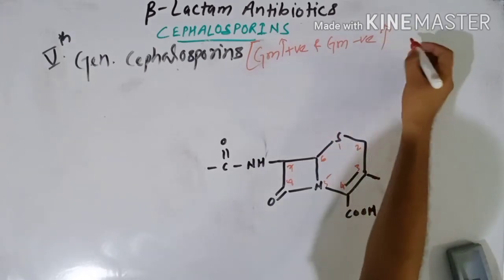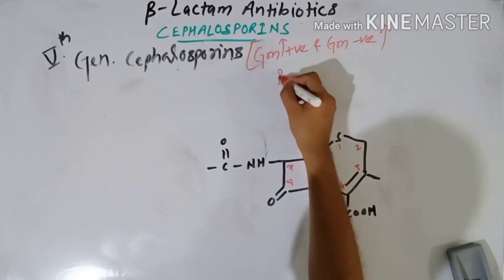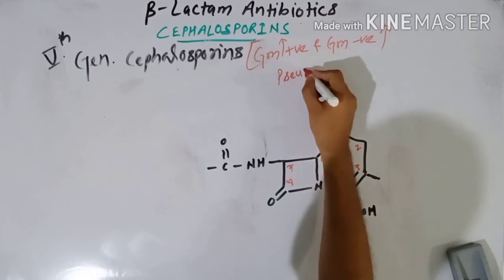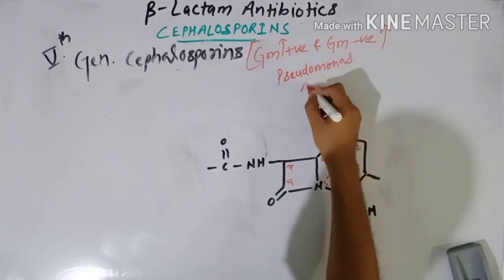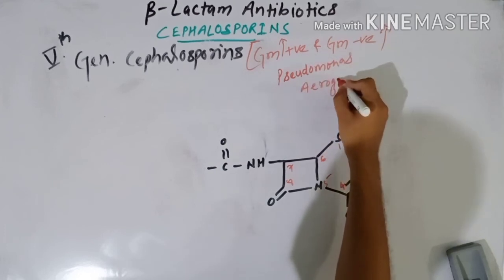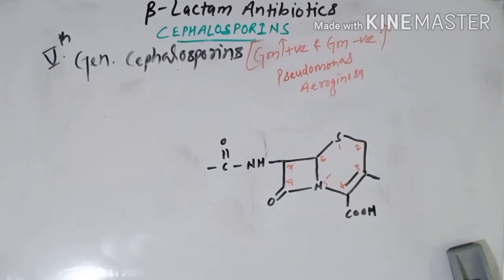So this is the fifth generation cephalosporin which shows highest activity against Pseudomonas aeruginosa. But this activity is shown in vitro. You have to memorize this. There is no proof till now whether they have activity in vivo against Pseudomonas aeruginosa or not.